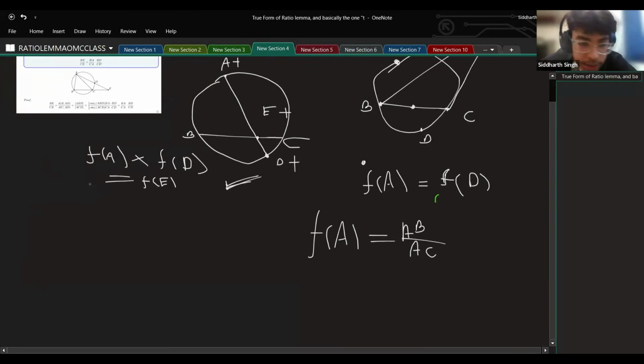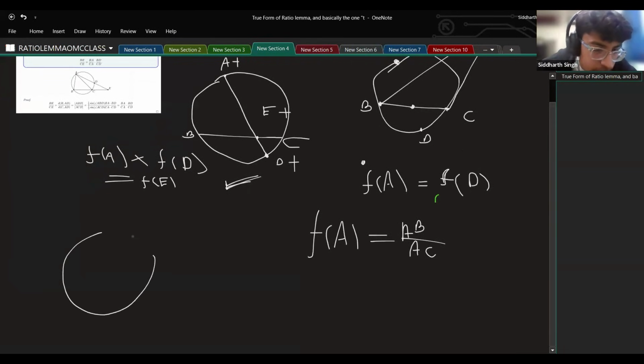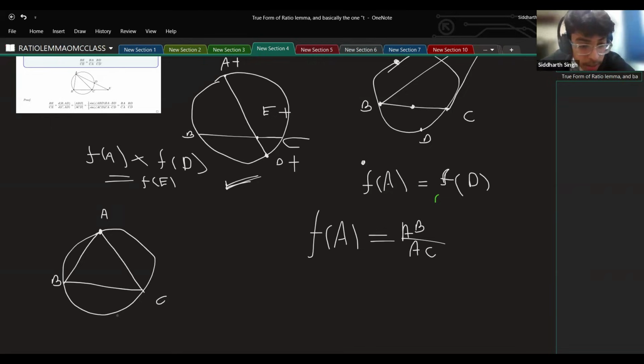Now this sign convention we use because it helps us tell when 2 points are the same point. We'll see this later on too. So consider this point, AB by AC. There exists another point.